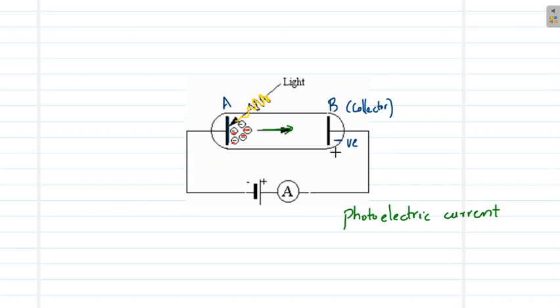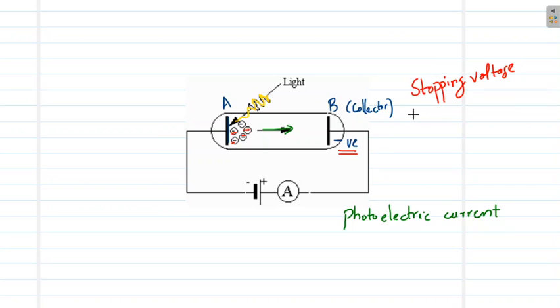So as you can see, if the potential at the B plate is made sufficiently negative, then the electrons cannot make it up to the B plate. So there is one potential called the stopping potential, the stopping voltage or the cutoff voltage. If you apply the stopping voltage, which is a negative voltage at the B plate, no electrons can move up to B because that voltage is sufficiently high to repel all the electrons.